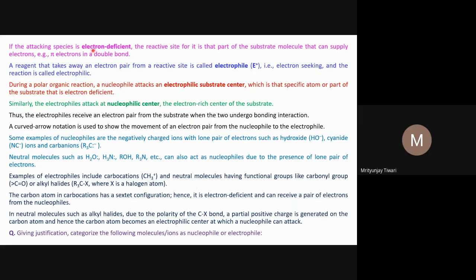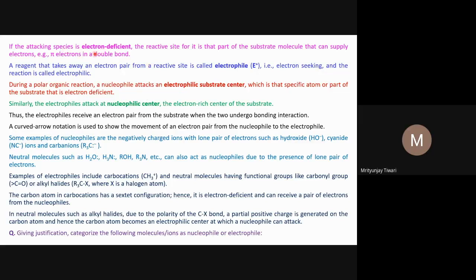The attacking species can also be electron deficient, because, as I have said, a certain portion of the molecule can have higher electron density and consequently a negative potential, so some electron deficient species can get attracted towards it.